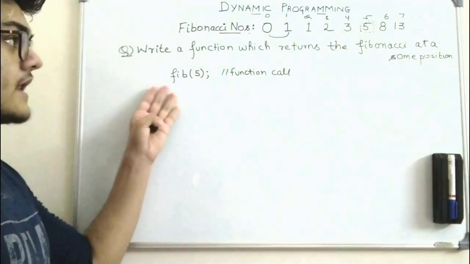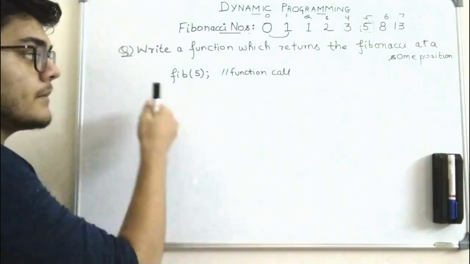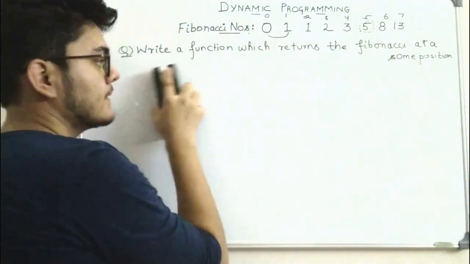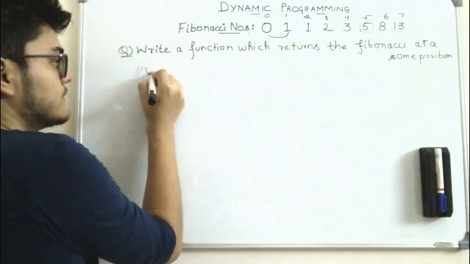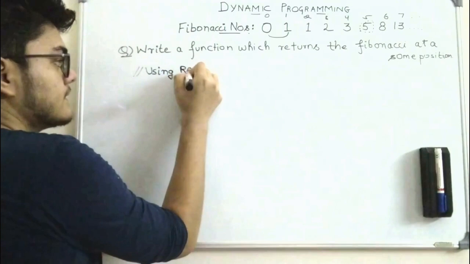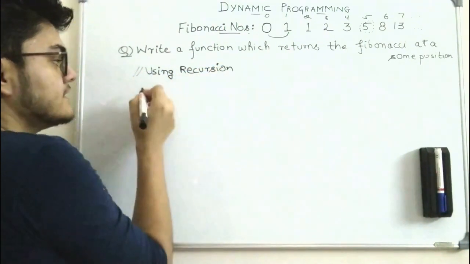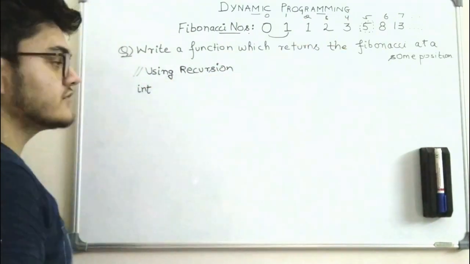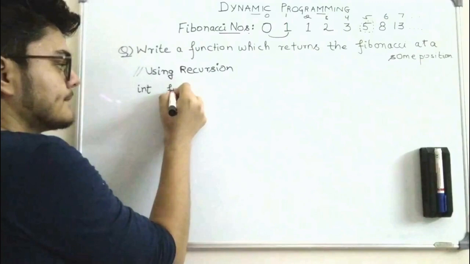So how can we calculate the Fibonacci number at the 5th position? Now I'm going to write the implementation of the function, which is going to use recursion. Since it will return a number, which is the Fibonacci number, I'm going to write the return type as integer.